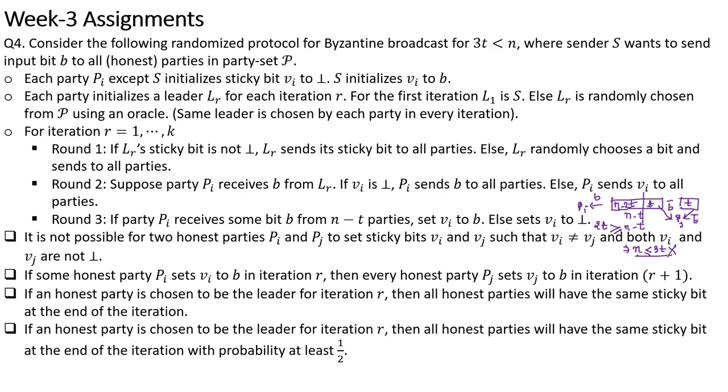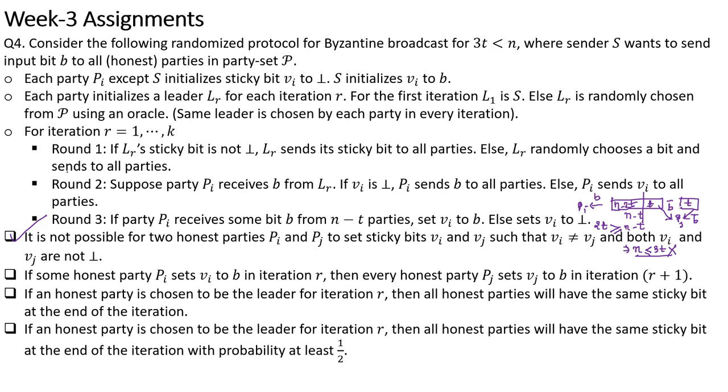However, this is not the case. So the cutoff criteria for having Vj equal to B complement is not satisfied. So Pj, that is any other honest party, will never assign B complement as their Vj. So it will be either B or bot. So this statement is true.